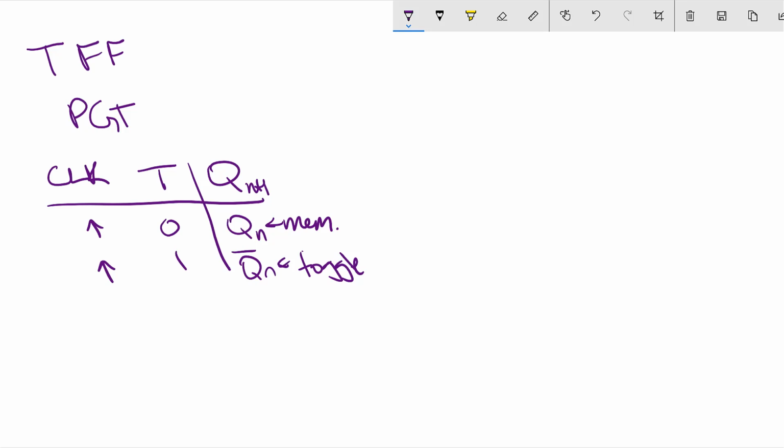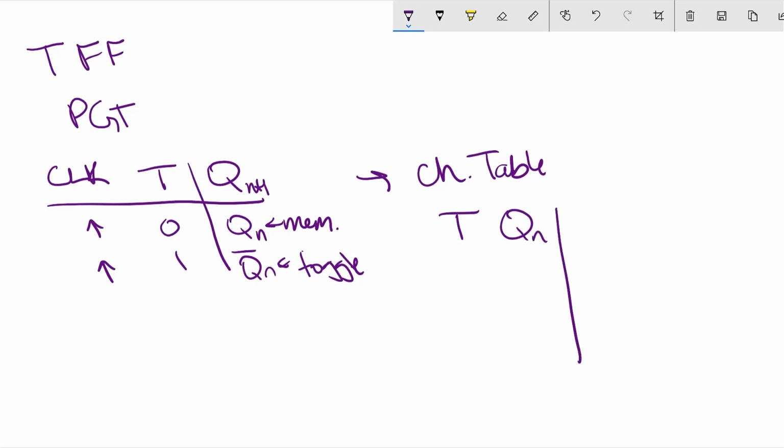All right, so let's draw our characteristic table. I'm going to draw the T first and then the Qn, and then we'll have the Qn plus 1. So 0, 0, 0, 1, 1, 0, 1, 1.